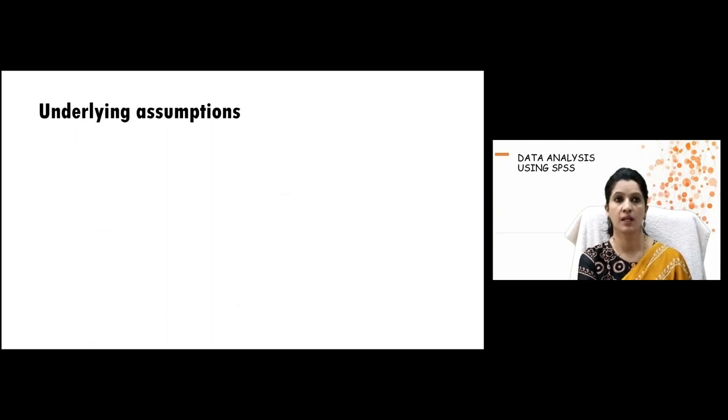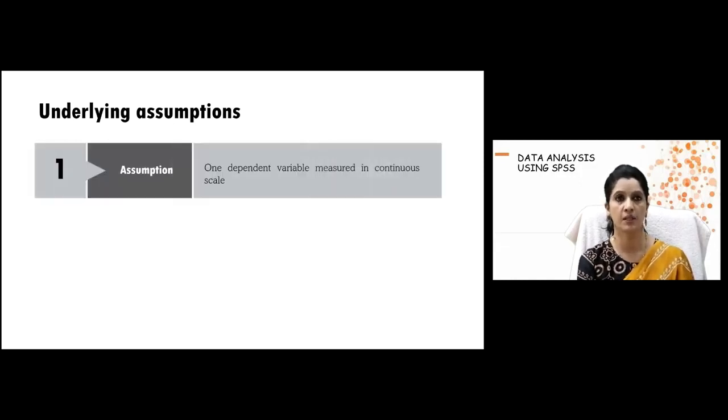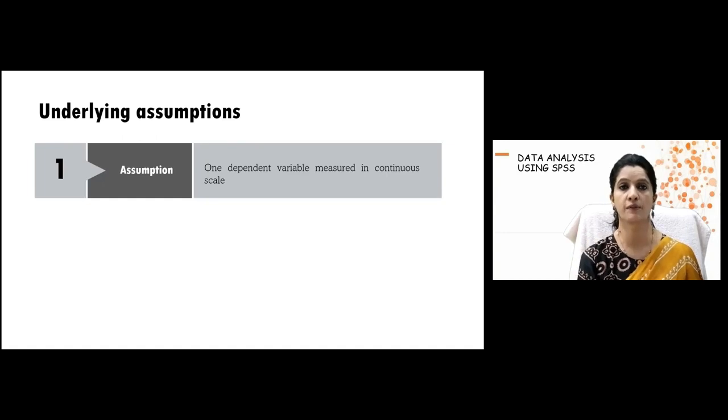Now what are the underlying assumptions of this student t-test or unpaired t-test? The first assumption is that there is one dependent variable which is measured on a continuous scale, like you have seen in the previous examples: the mean BMI, the pain score, or the mean marks.